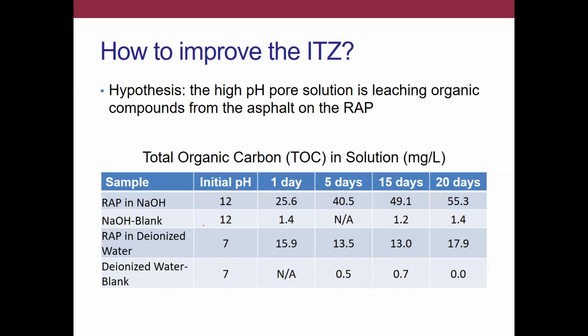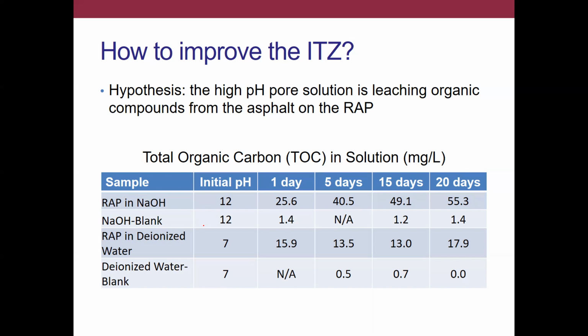Now, some of the data that we're working on right now is figuring out what those compounds are, right? Because we do know from a number of studies in the literature that certain organic compounds will detrimentally affect cement hydration. And that could be what's happening here.